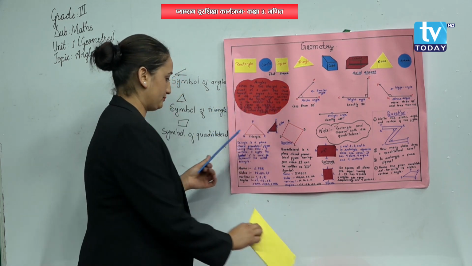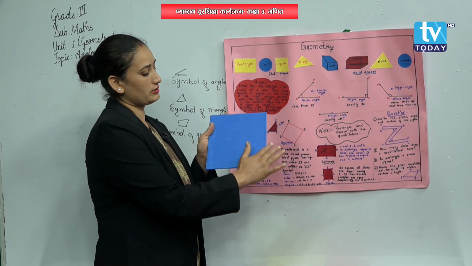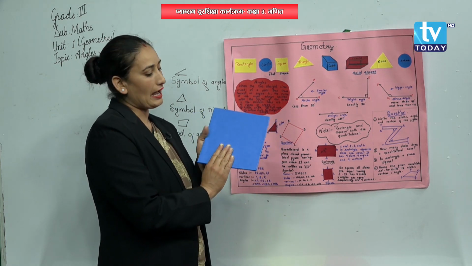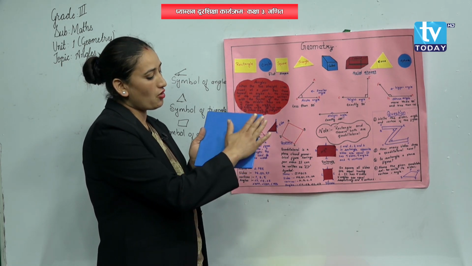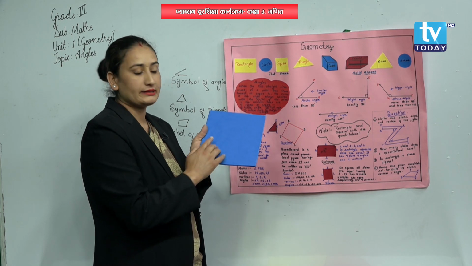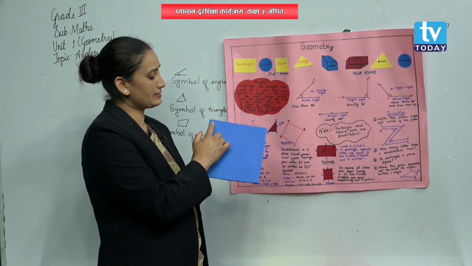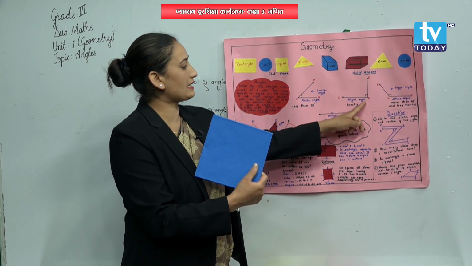In a square, all the sides are equal. This is a quadrilateral, but all the sides are equal. If all sides are equal, then the angles will be equal too. This is exactly related to the right angle, right?